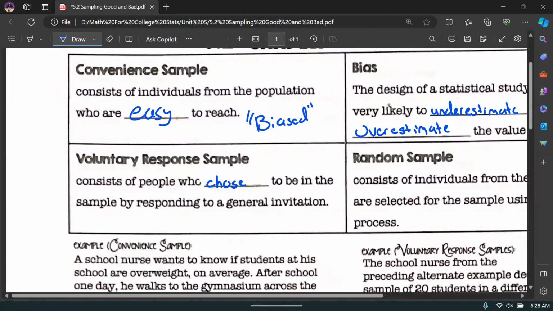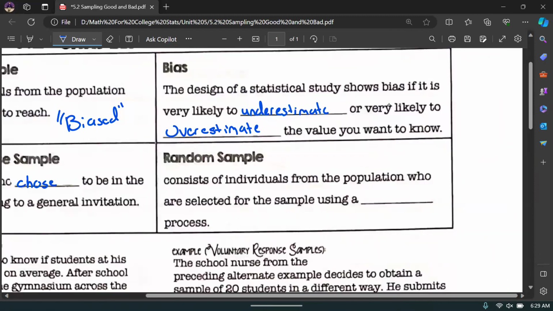This is like putting a poll on the internet asking, what's your opinion on spray tans? People who see it and want to respond are going to respond. Not everybody who sees it has to respond; they could just ignore it. So voluntary response is people who choose to be a part of it, and others can just ignore it.